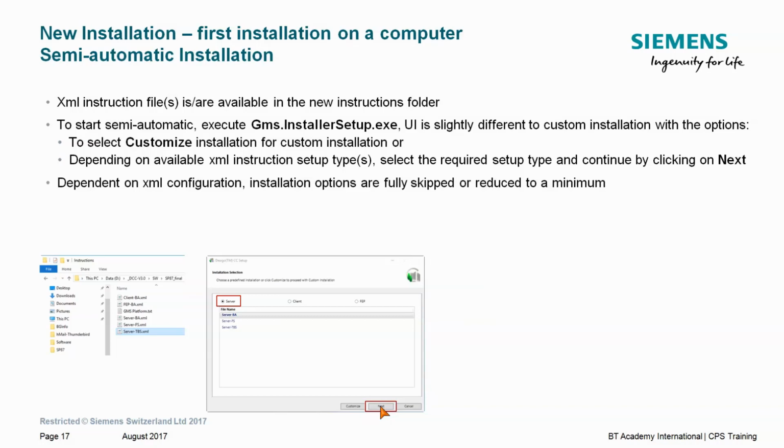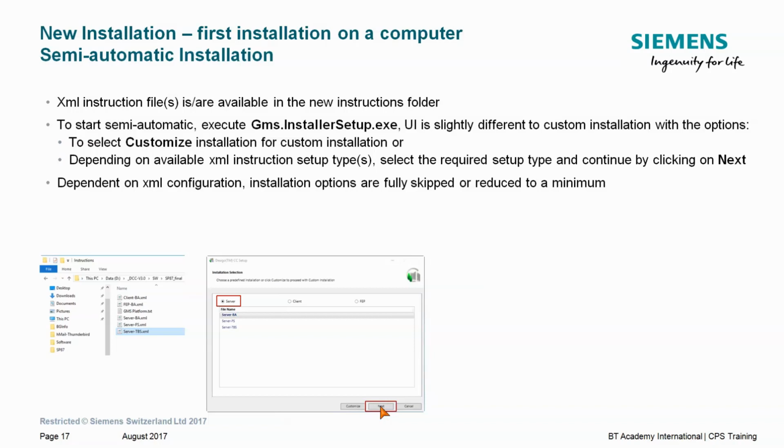Depending on how the XML configuration is, installation options might be fully skipped or reduced to a minimum. So depending on how many options I defined in this instructions file, the options are fully skipped or reduced to the minimum.